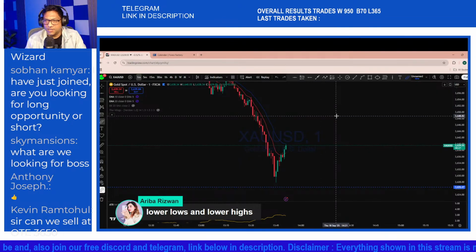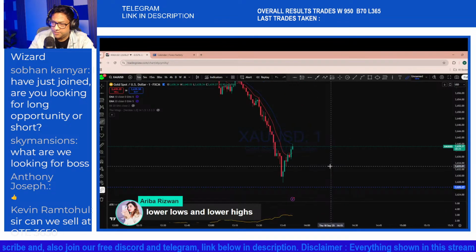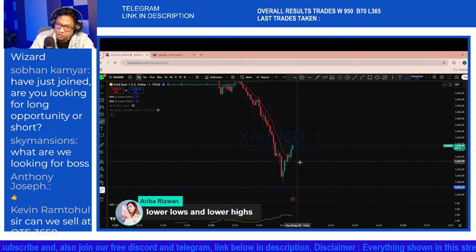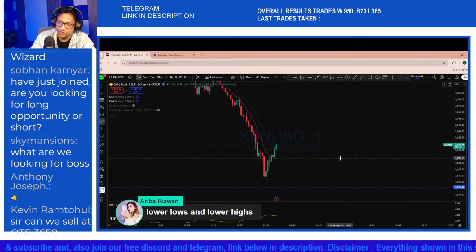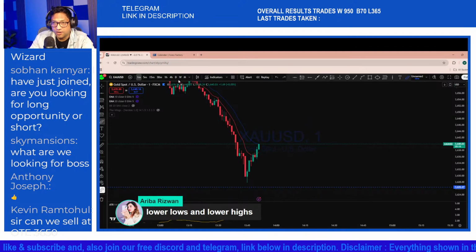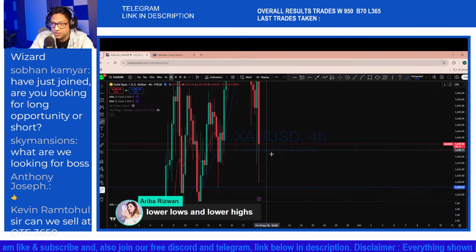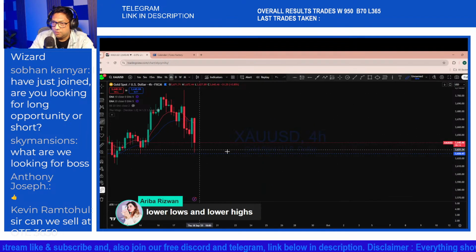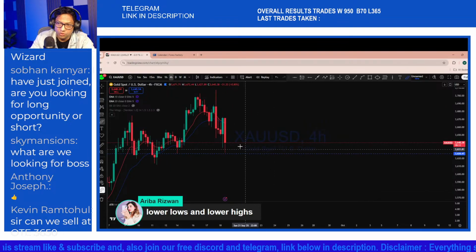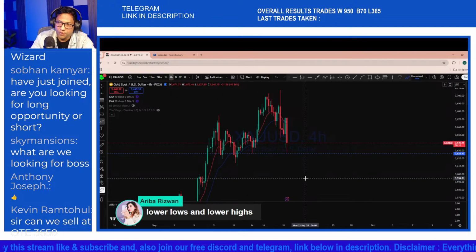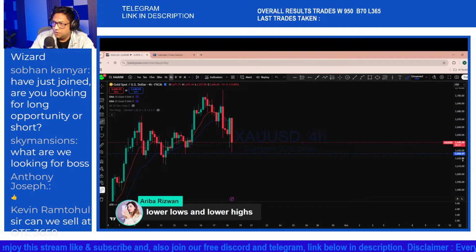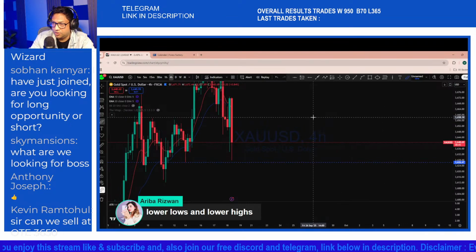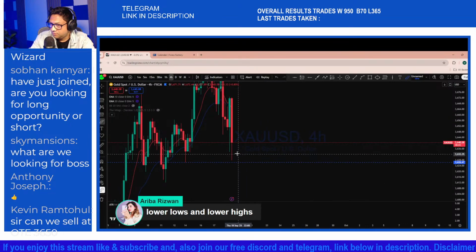But we can see there is a little change of character here. So the market is slowly trying to create a reversal pattern. With the candle close, most likely you will see the price fill some of this zone, then either drop again or bounce back in the direction of the trend.